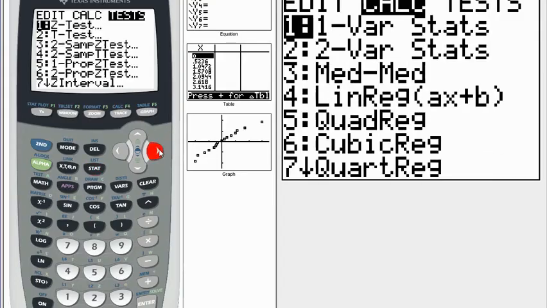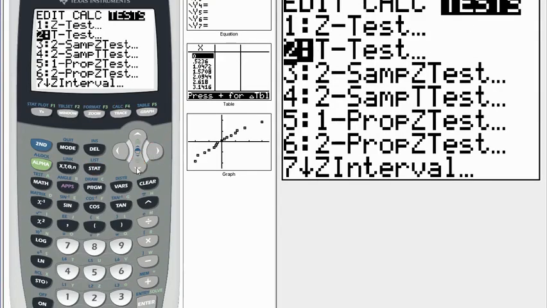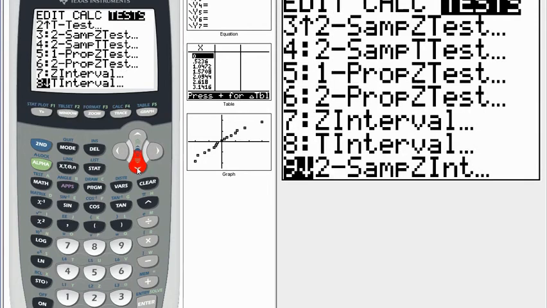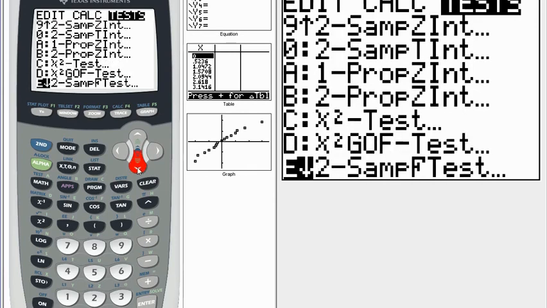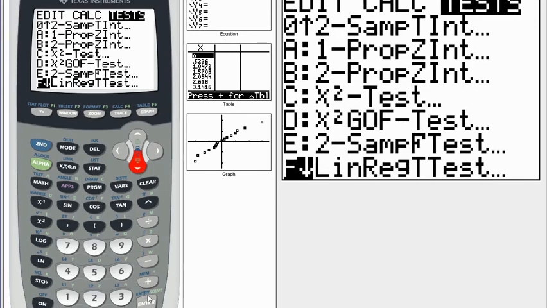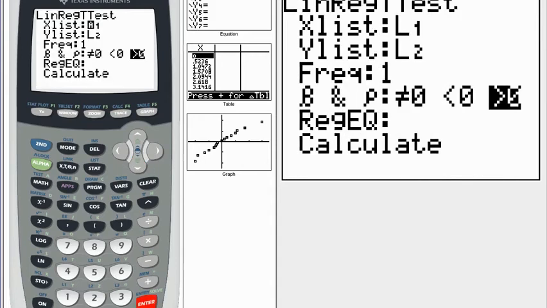And now to do the linear regression t-test, let's go down to LinRegTTest. And we have our data in L1 and in L2. And so now we just have to decide what our hypothesis was.